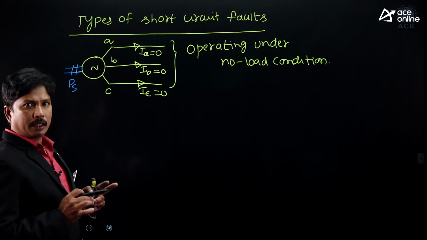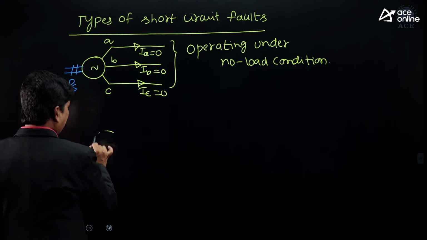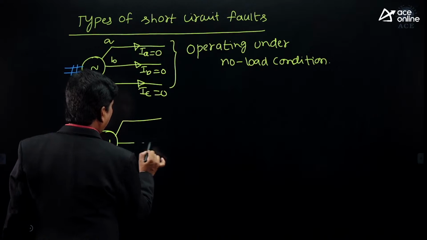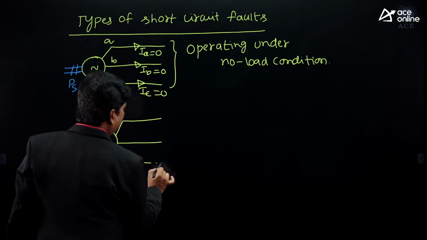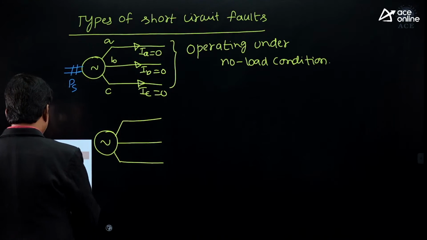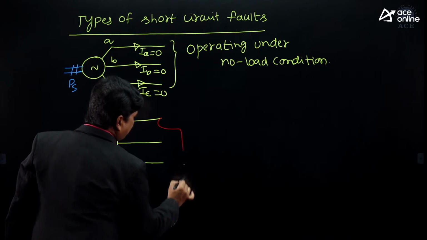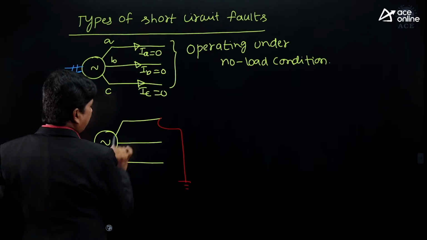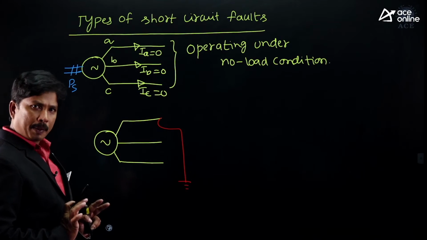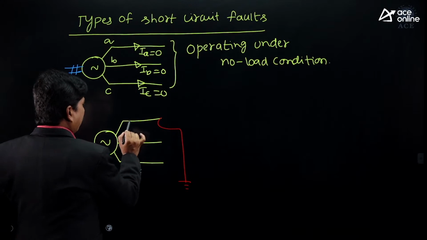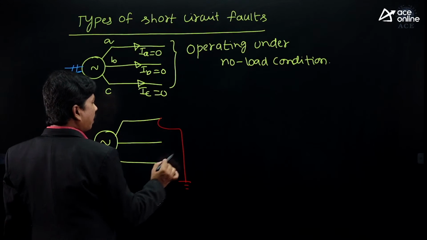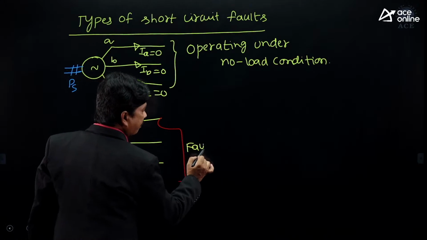Now on this generator, whenever you are getting a fault, suppose this generator is experiencing a fault, so we will represent that fault with some red color here. Even though this generator is operating under no load condition, before the fault condition the current should be 0, but once the fault occurs, this is the fault we are having.